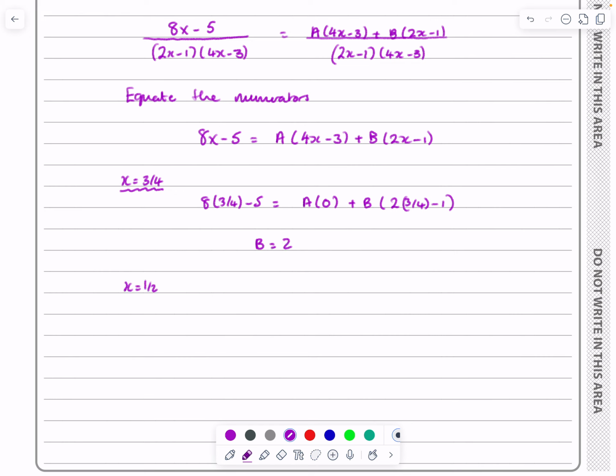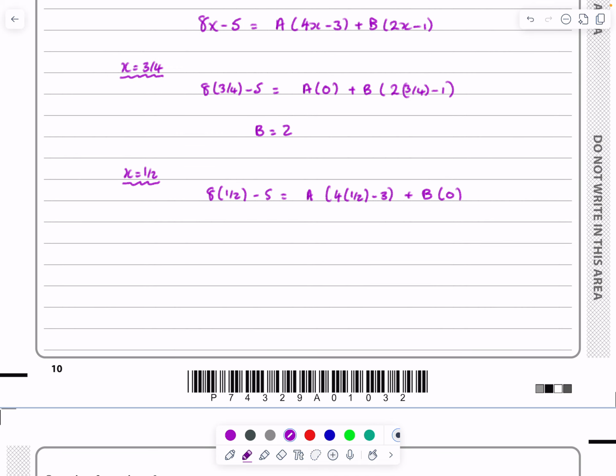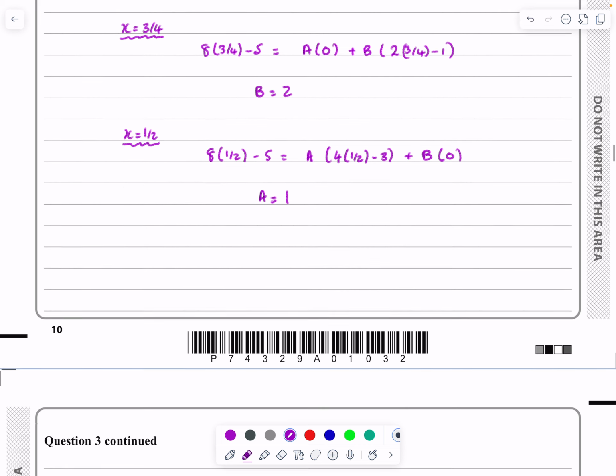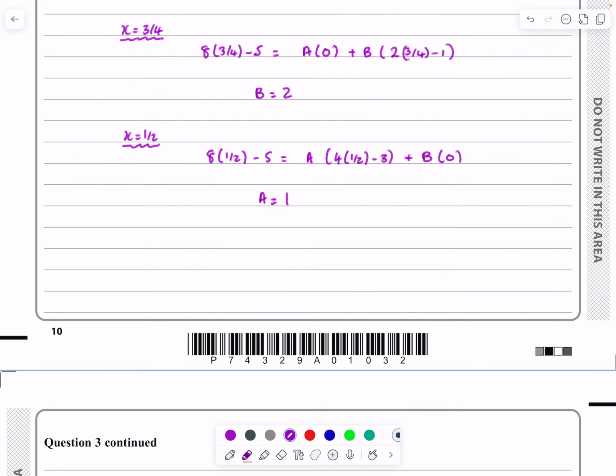Similarly, let's choose x equals a half. Then I'll get 8 lots of a half minus 5 is equal to a 4 lots of a half minus 3, and b, well this time that'll work out to be equal to 0, and that leads me to a working out to be equal to 1. Do the calculation yourself.